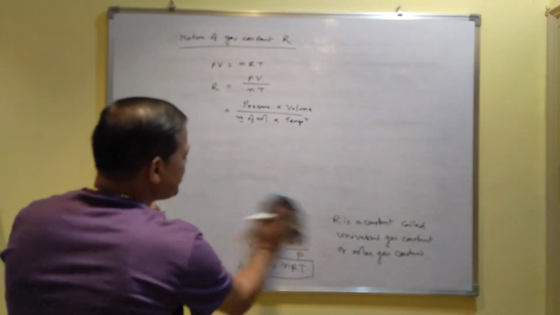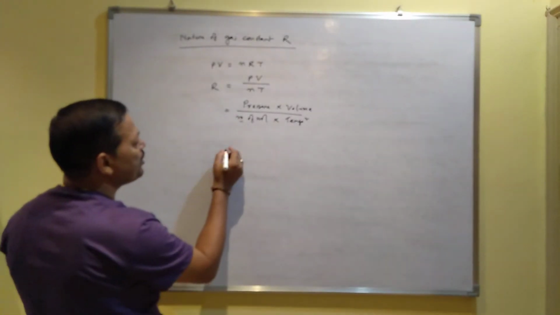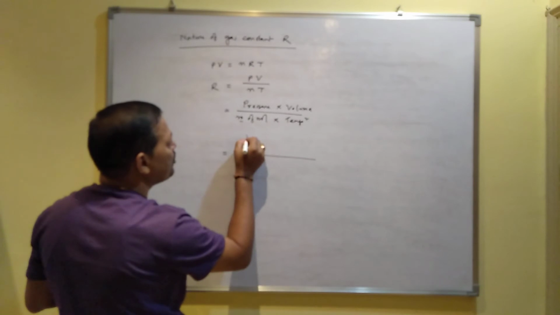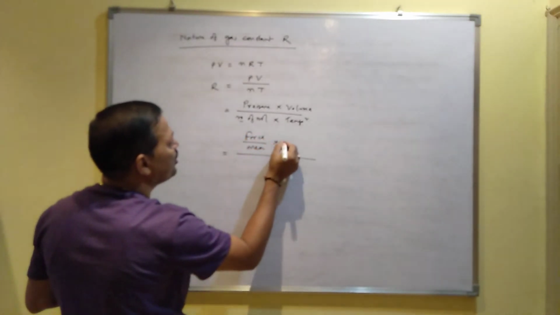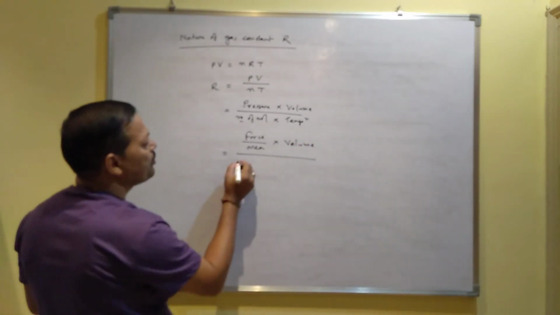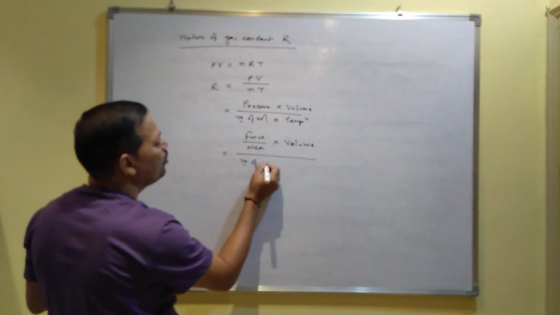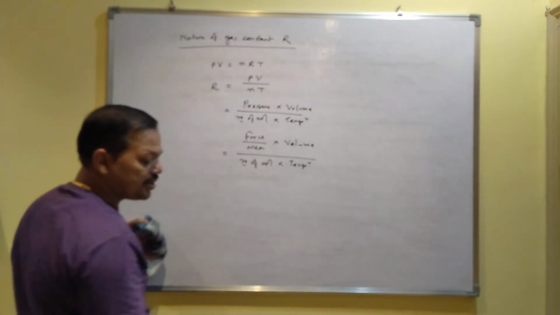You know what is pressure? Pressure means force by area. So instead of pressure, you can write force by area into volume, divided by mole into temperature.